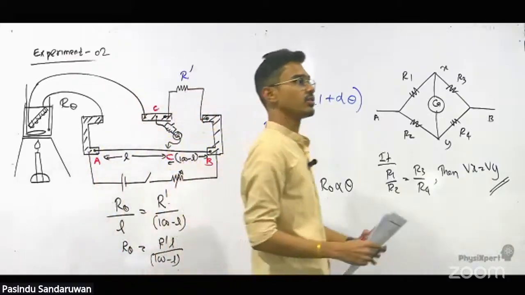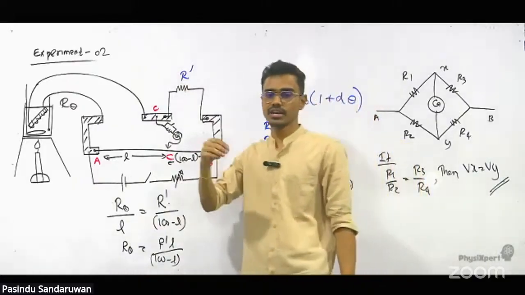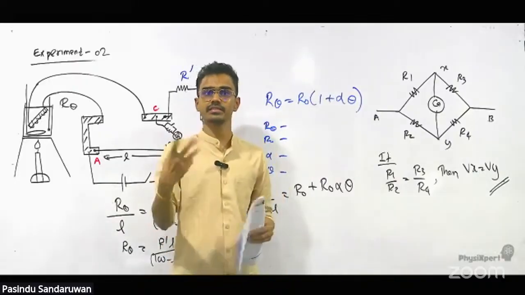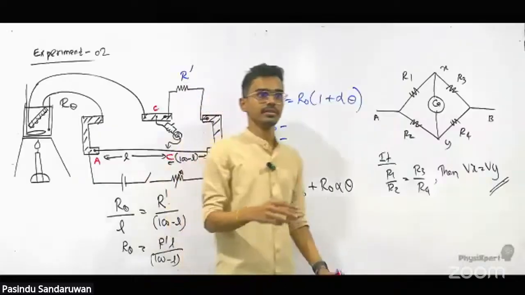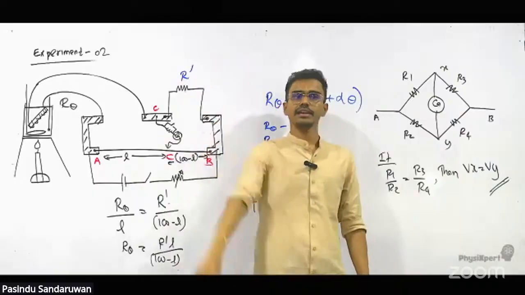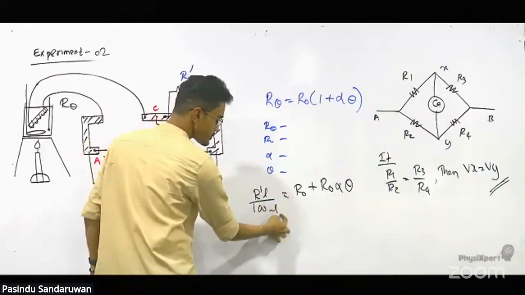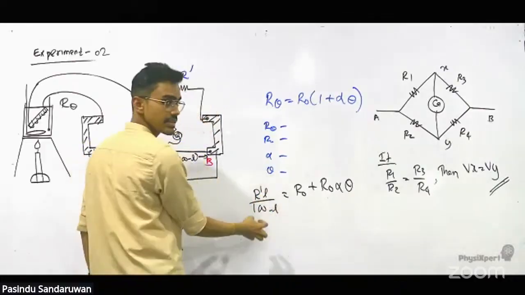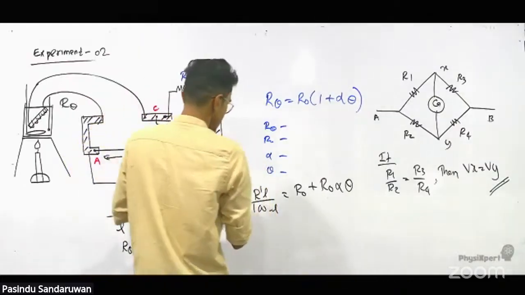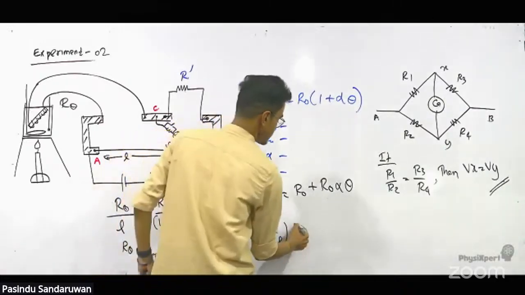Always, to determine gradients, we prefer linear graphs. We will always be prioritizing straight-line graphs, right? To get a straight line, we are going to take this whole thing, L over 100 minus L, as the y axis.